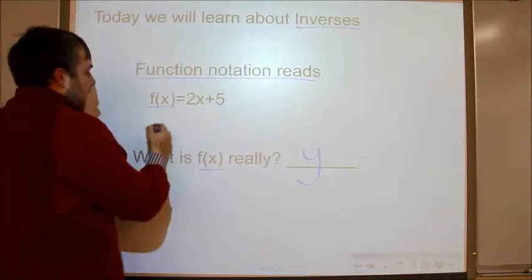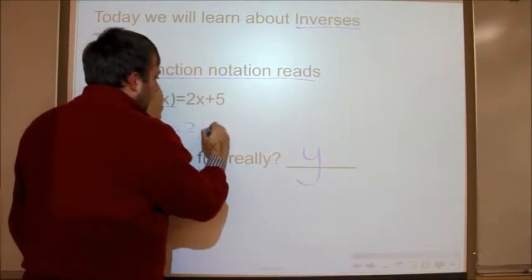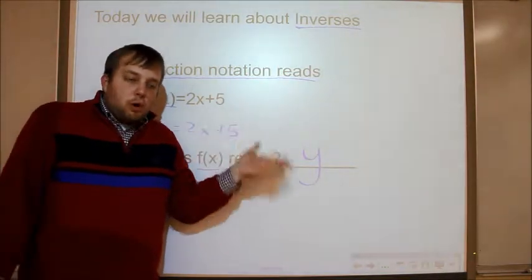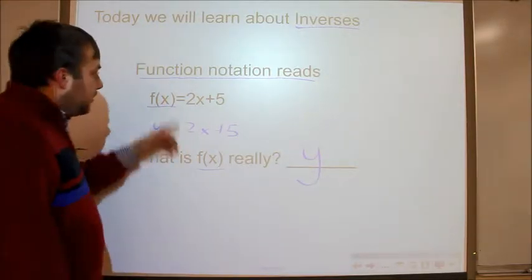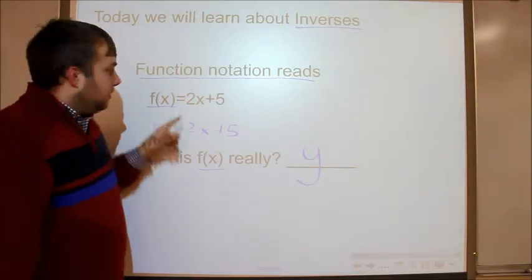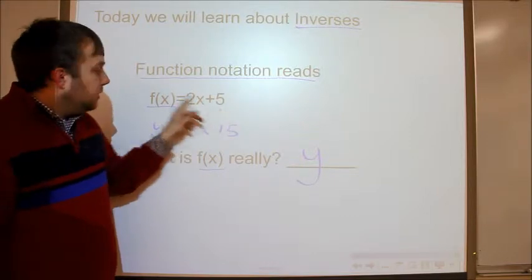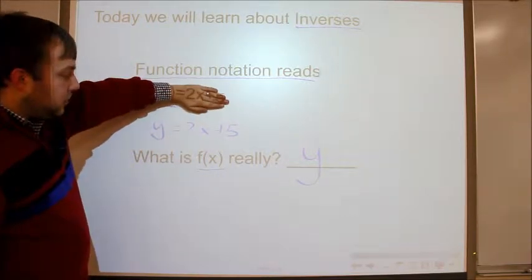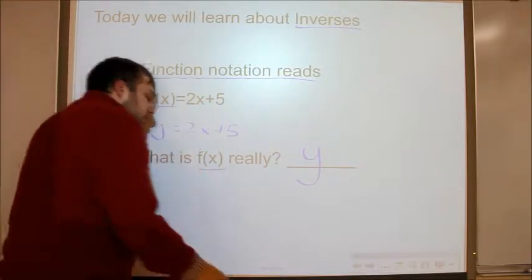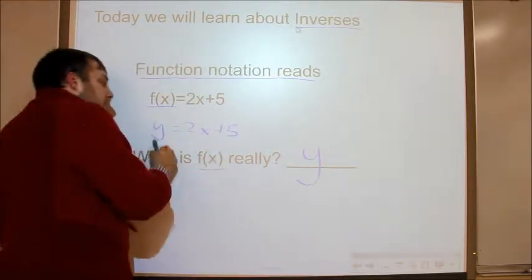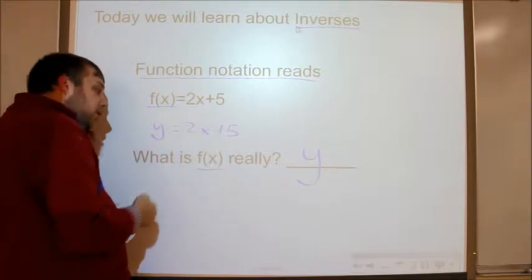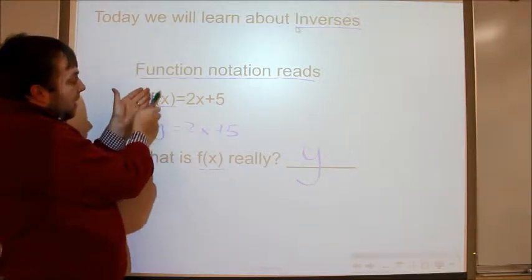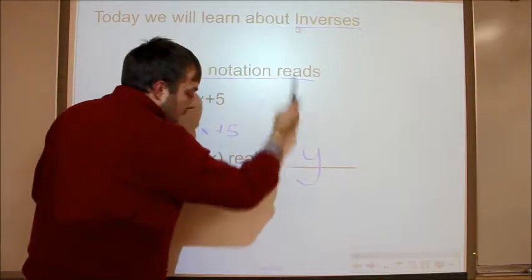We could really rewrite this as y equals 2x plus 5. This would be our normal form, okay? This is function notation because we're saying it's a function. That's what the F stands for. But normally, we could just write it as y equals 2x plus 5, and I think everybody would like to graph it a lot better if it was y equals. So, we're going to do a lot of conversions from f of x to y. Just remember, f of x means y.